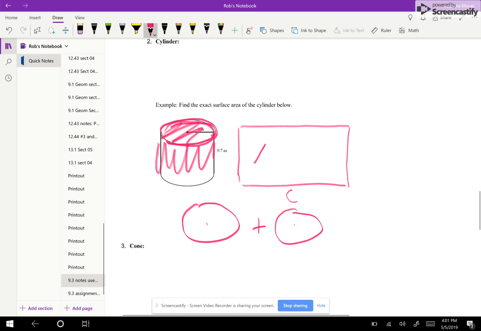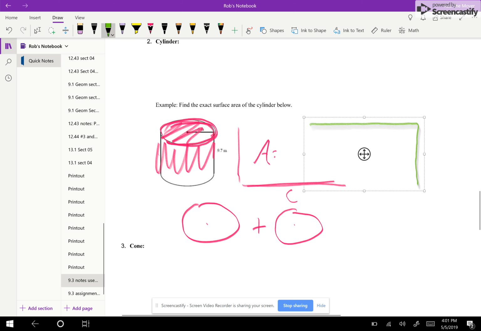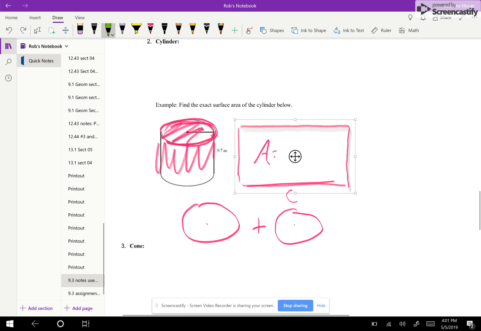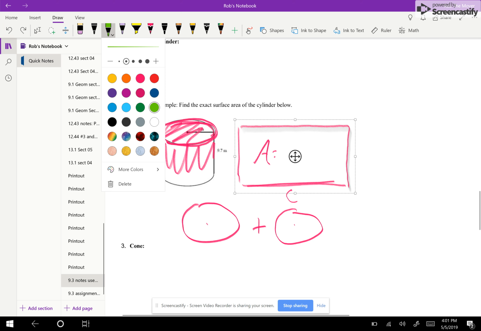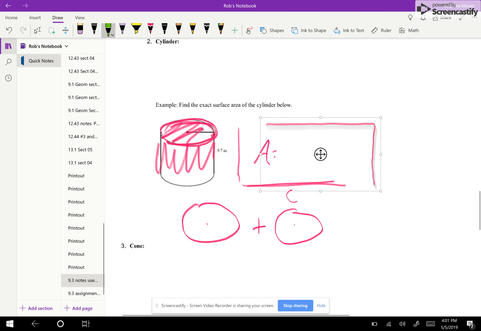The area of the rectangle is going to be determined by the length of that rectangle, which is the circumference, right? That's this part right here. But the width of that rectangle, or the height, whatever, if you want to call this the base and the height, depends on what you're doing.